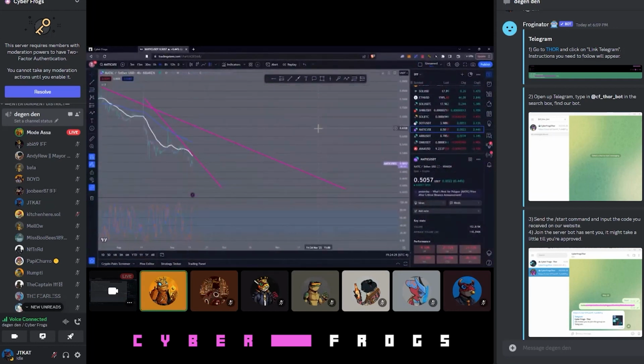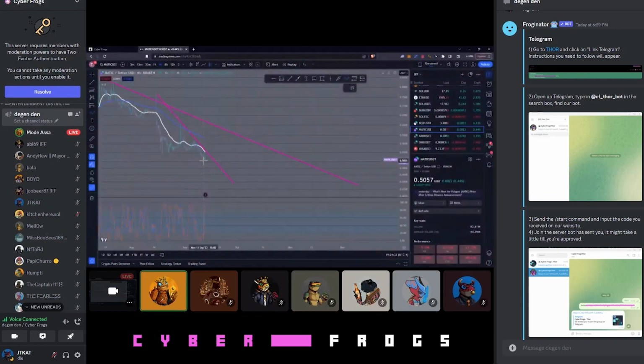Now, what we can do is wait for price to maybe break and find that higher low. We always talk about the higher low and higher highs.